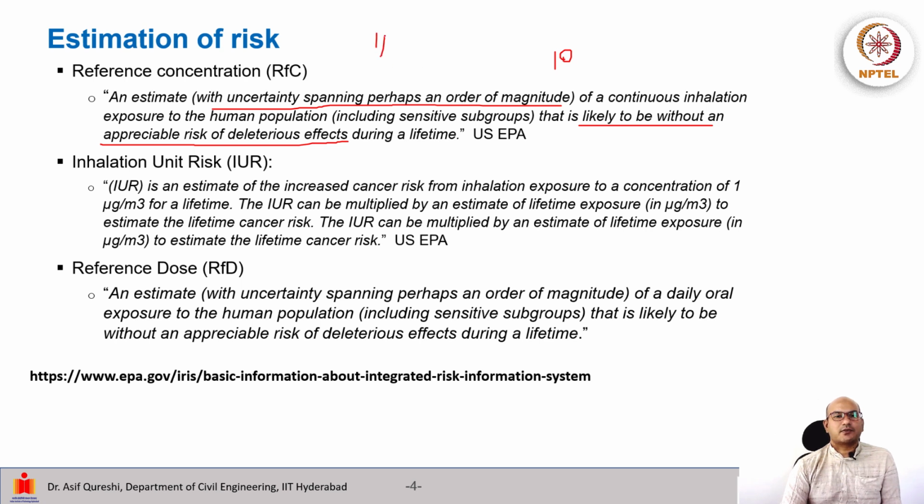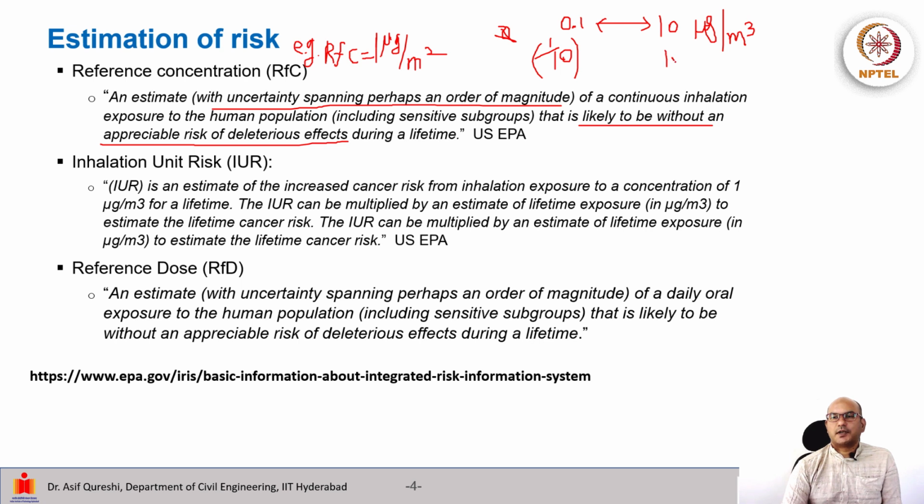So if the RFC is defined as 1 microgram per meter cube, one order of magnitude uncertainty means it can be from 0.1, which is 1 by 10, to 10 micrograms per meter cube. It can be any of these values possibly.